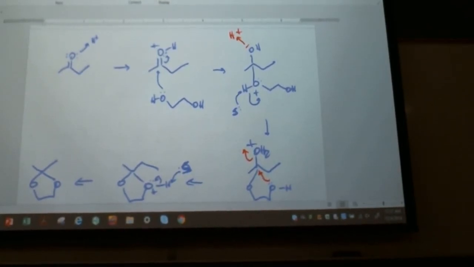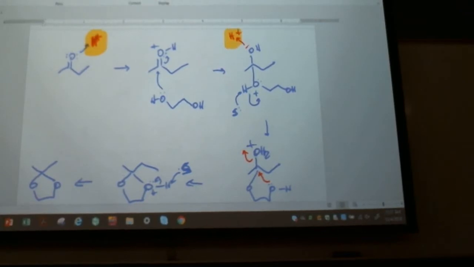But this is this acid pushing and pushing, right? We added it here, we added it here, and here to make a better electrophile, and here to make a better leaving group.